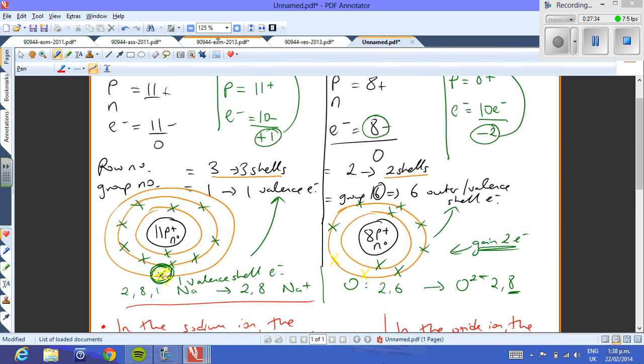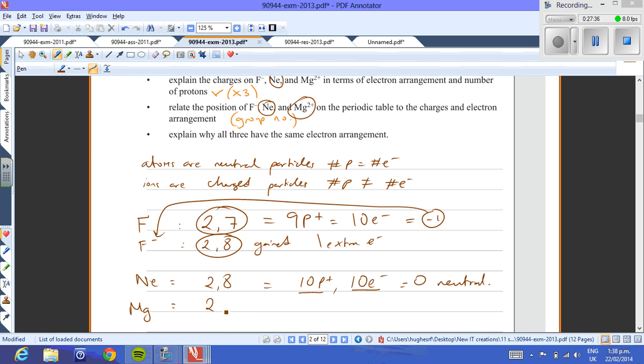Magnesium would have been 2, 8, 2, but it loses these 2 electrons. So therefore it becomes magnesium 2+, and then it's going to be 2, 8. Its number of protons was 12, and now it only has 10 electrons. Plus 12 minus 10 will give you a charge of +2. So that's why the charge of the magnesium ion is +2.